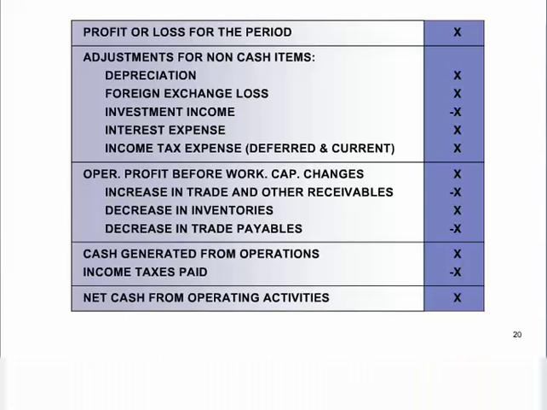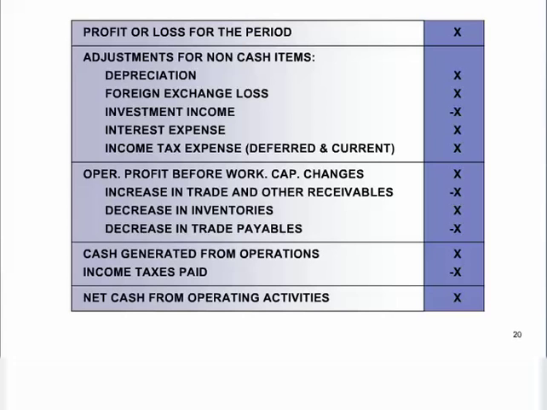We adjust for non-cash items like depreciation, foreign exchange loss which is unrealized, investment income, interest expense, and income tax expense, which are deferred and current, and may be either investing or financing activities, which we'll see later. Post these adjustments, we arrive at operating profit before working capital changes.